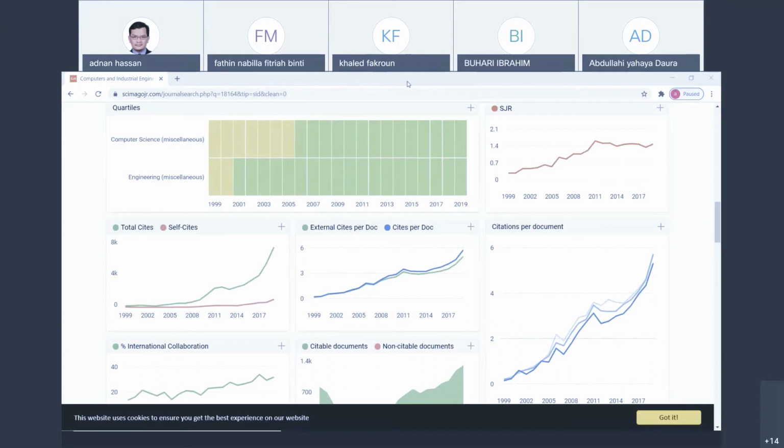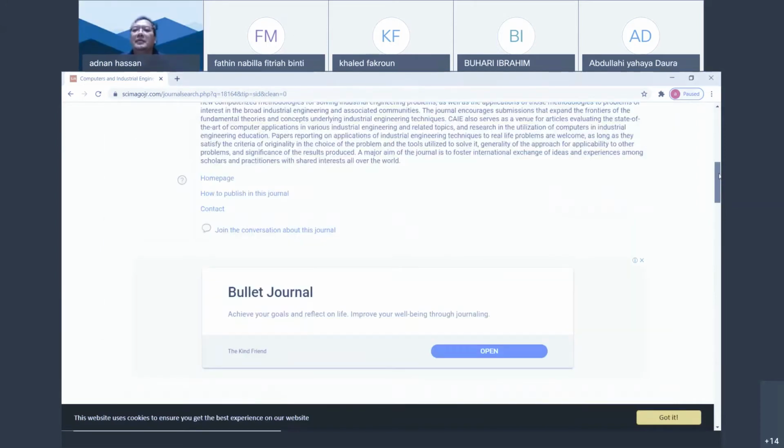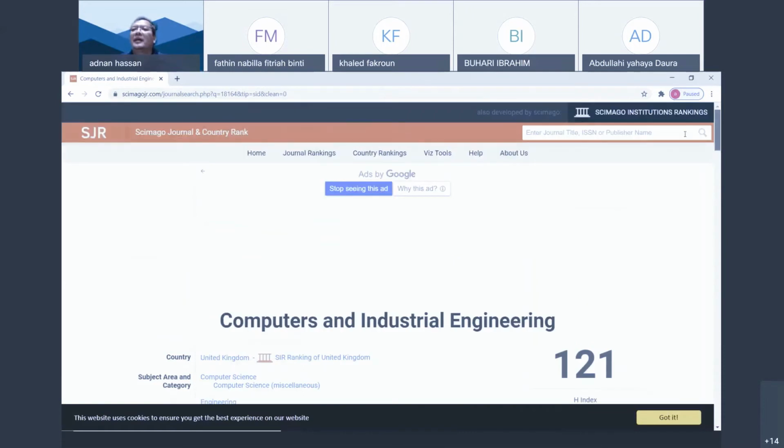Do you want to try any other area? Air conditioning, maybe, HVAC. Renewable energy.